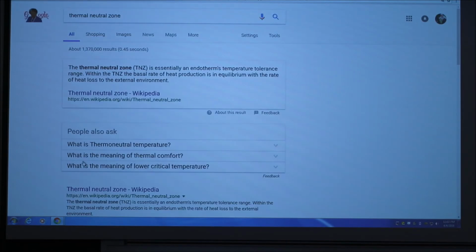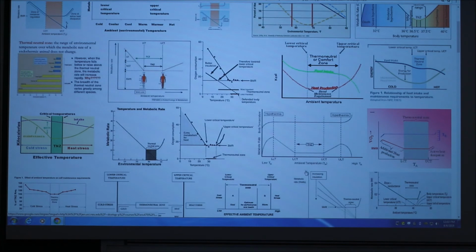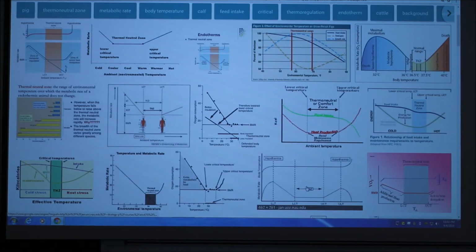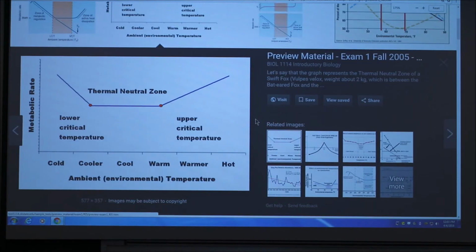And what this means is it's a zone where the animal does its best. Now that's not the best definition. I'm going to look at some images here. So the thermal neutral zone, it's the zone where you want to keep your animals. And there's different charts. We'll do this one first.